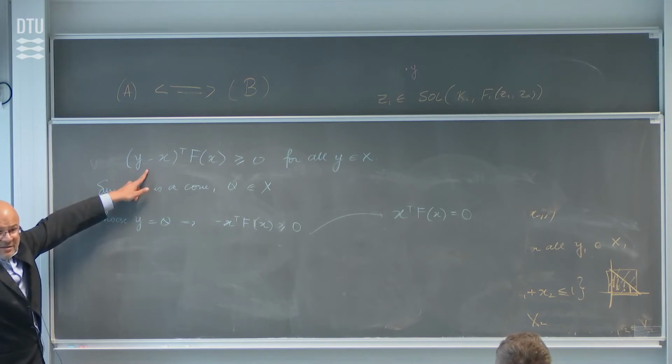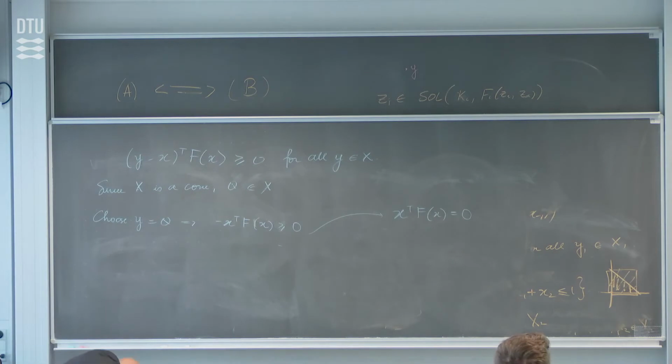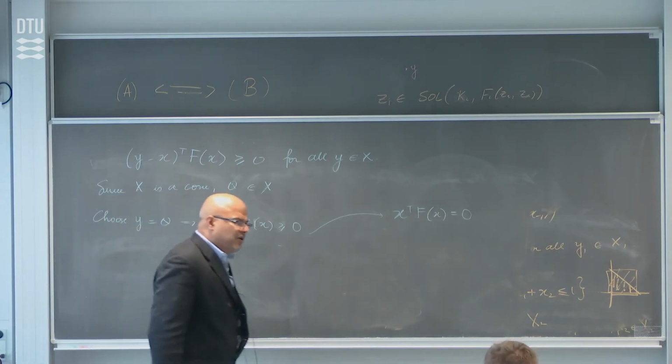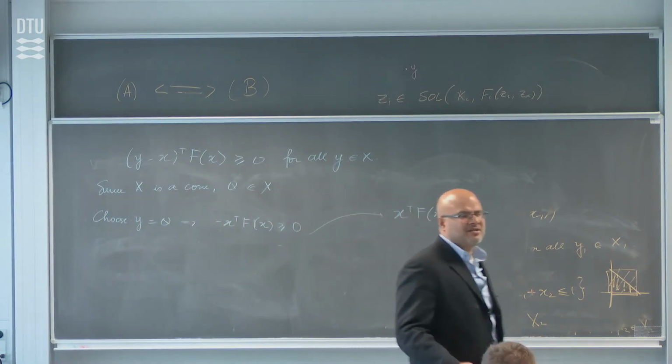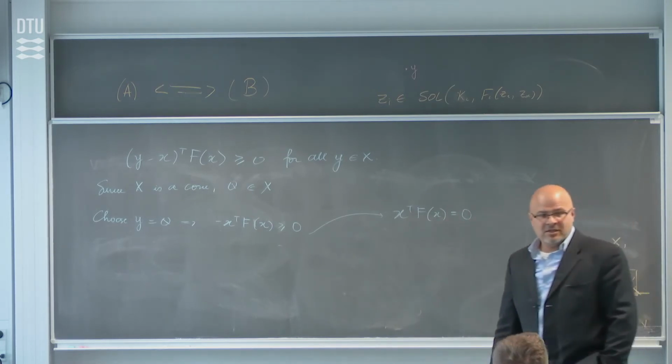Choose y as 2x. But what is required for us to choose y as 2x? What should 2x satisfy? It should lie in the cone. Does it lie in the cone? Yeah, because it's a cone.